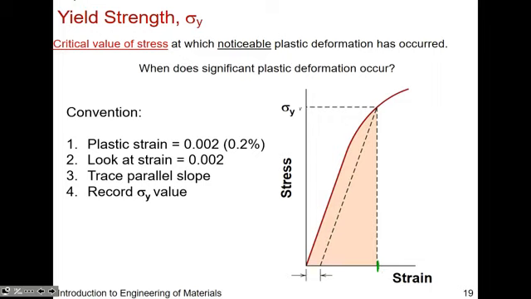So you look at the strain on the x-axis, it's given as a fraction, such as 0.002, or it's given as a percentage, so you look at 0.2% strain. You draw a slope that is parallel to your elastic modulus, and where it intercepts your stress strain curve, that is your yield strength. Okay, so that's it.